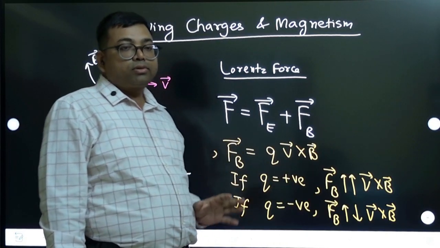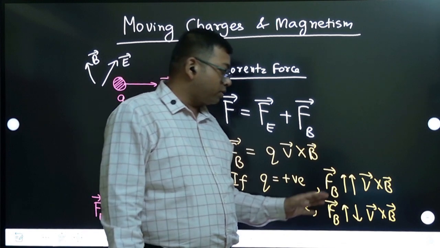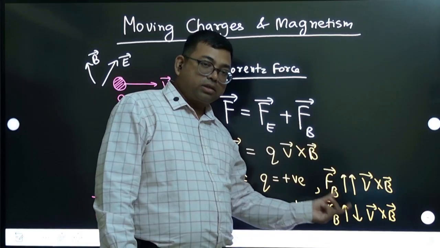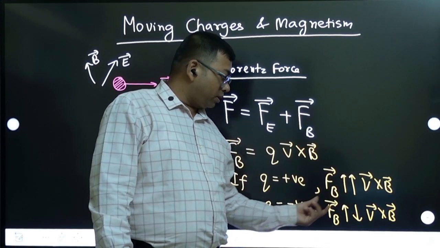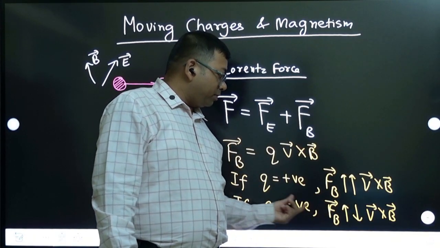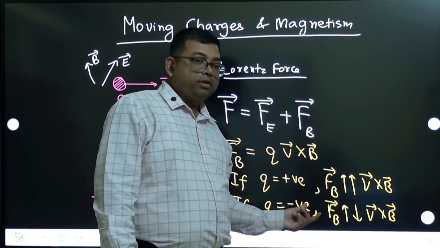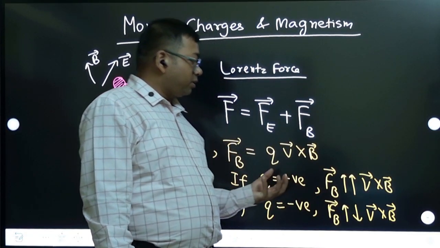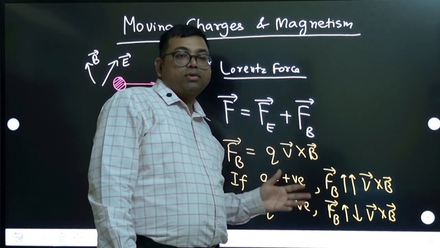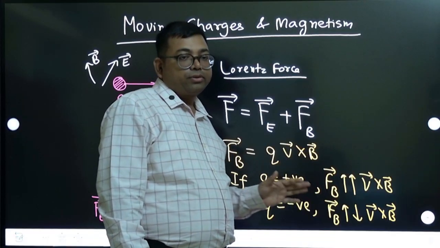We will also discuss a little bit how to calculate the cross product. But whatever direction the cross product comes in, the magnetic force direction will be opposite to it if the charge is negative, right? It's a very important thing because many calculations are based on this force. So that's the first thing.